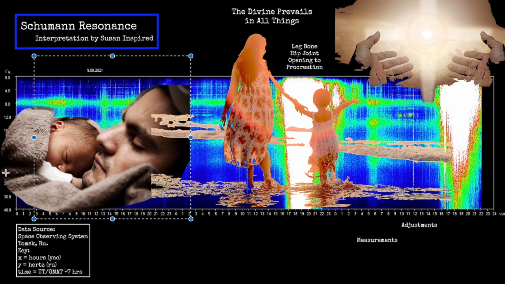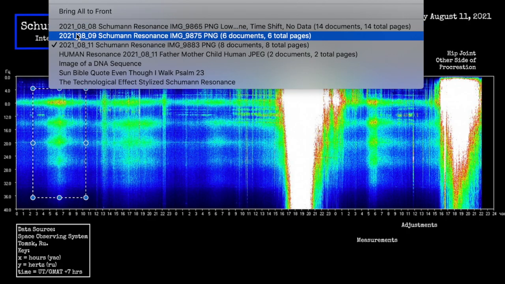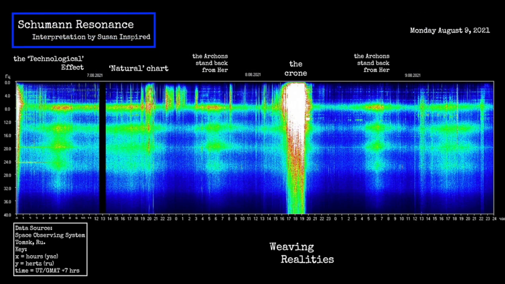How do I see all this in the chart? I mentioned previously, this, in my view, is an image of an Archon. Here you have the crone, which I did my last video on, and the Archons, one on either side, stand back from her.